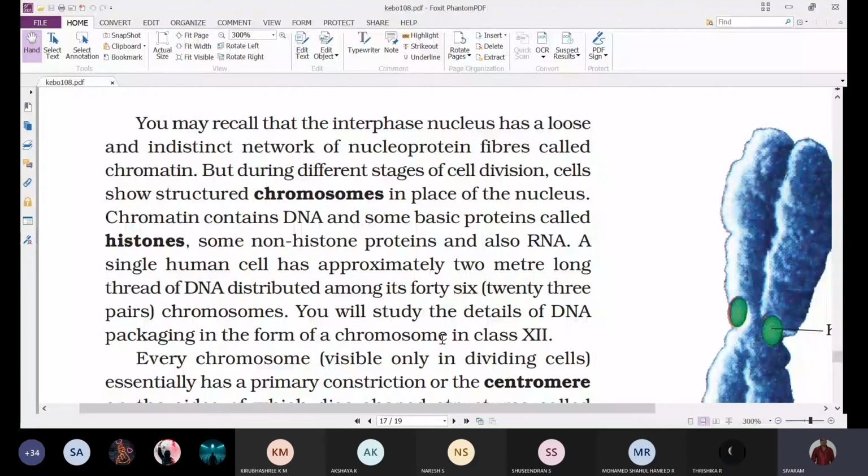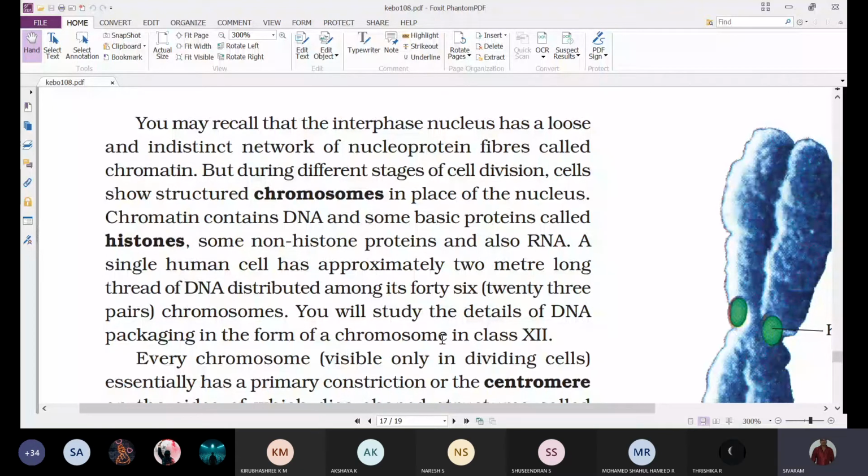How is this 2.2 meter length of DNA molecule incorporated inside the nucleus, which is of 10 to 30 micrometers size? This fitting of the 2.2 meter DNA molecule in that small nucleus, we call the packaging of the DNA helix.